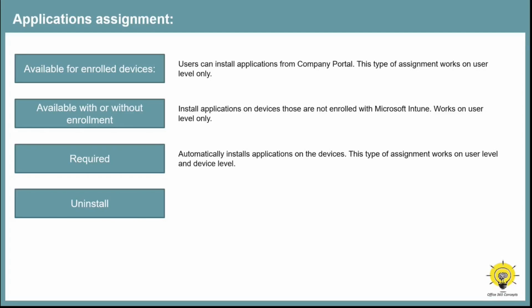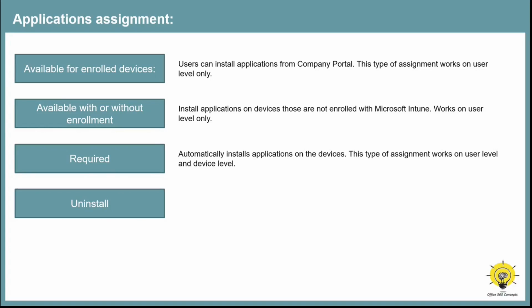But depending on the application type, users might receive a prompt while installation. So at that point of time, user intervention might be required. Required assignment type works on both user level and device level. So if your requirement is that as soon as you add and assign an application to a group of devices from Microsoft Endpoint Manager, that application should be installed automatically on the machine, select required assignment type.